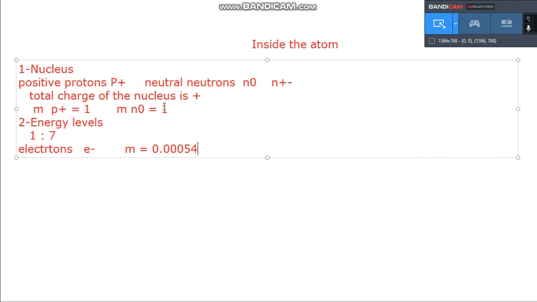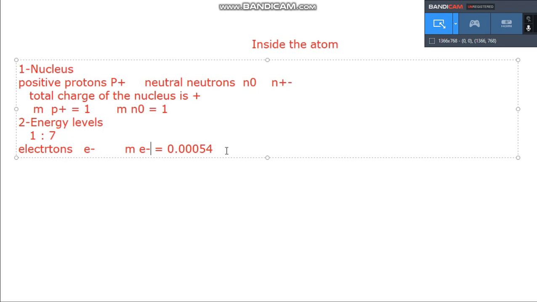If you divide 1 over this number, it will give you about 1660. So the mass of a neutron or a proton is about 1600 times the mass of an electron.